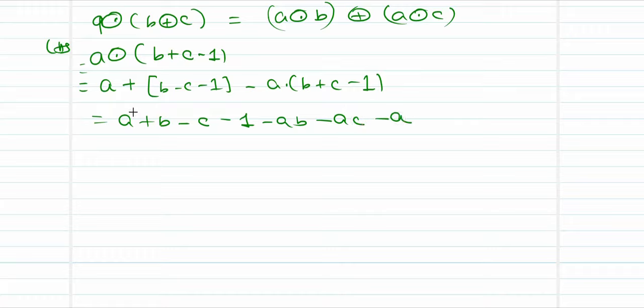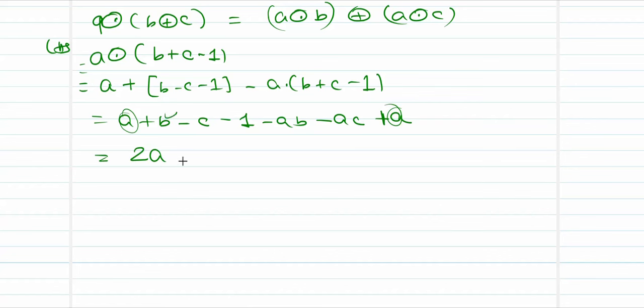So this is going to be plus A, and minus of minus A is going to be plus A. So you have A and A over here, so that makes it 2A.